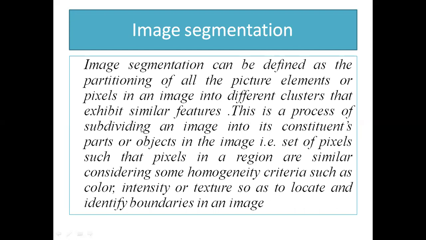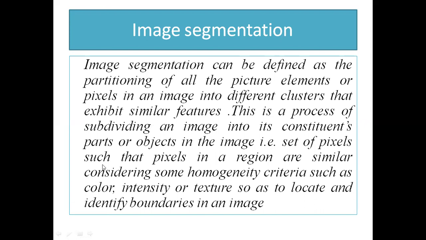This is a process of subdividing an image into its constituent parts or objects. That is, a set of pixels such that pixels in a region are similar, considering homogeneity criteria like color, intensity, or texture, so as to locate and identify boundaries in an image. As far as the homogeneity criteria are concerned, we may have many of them.